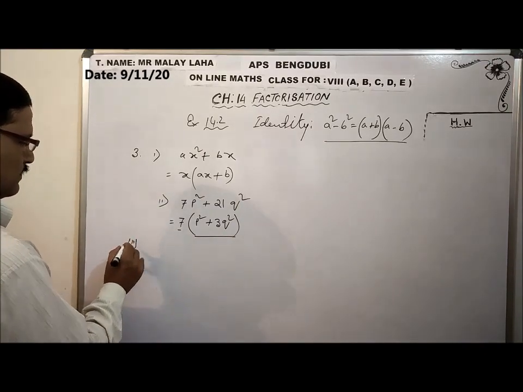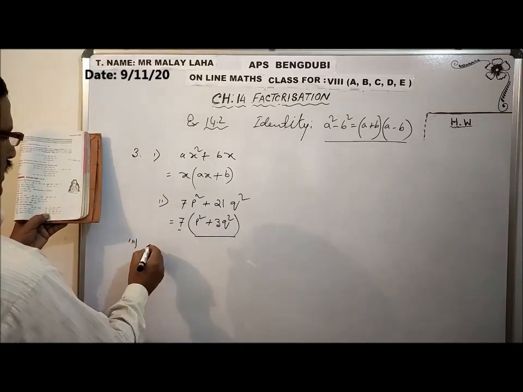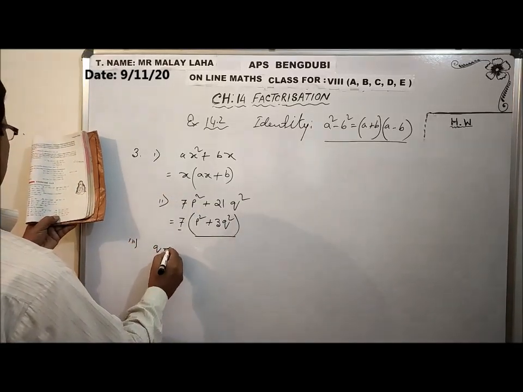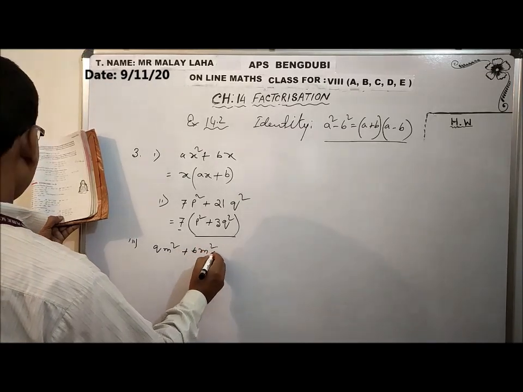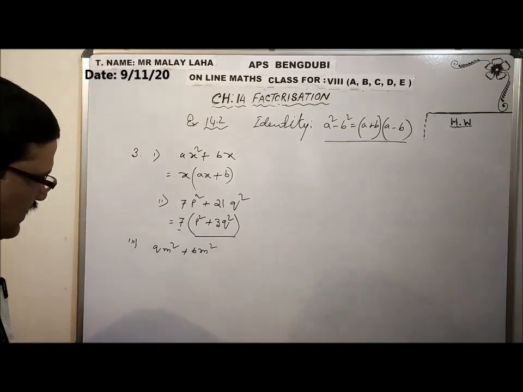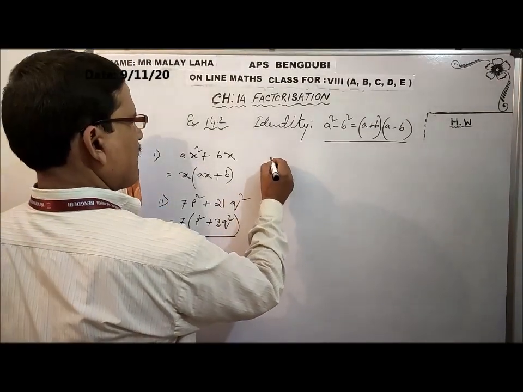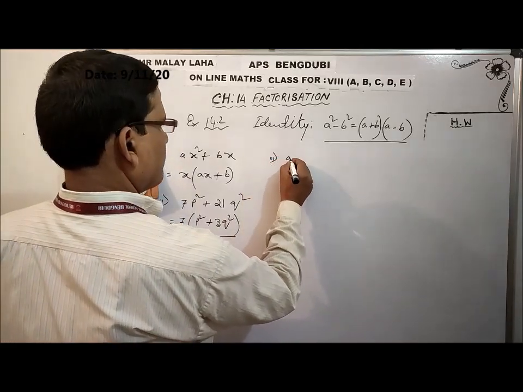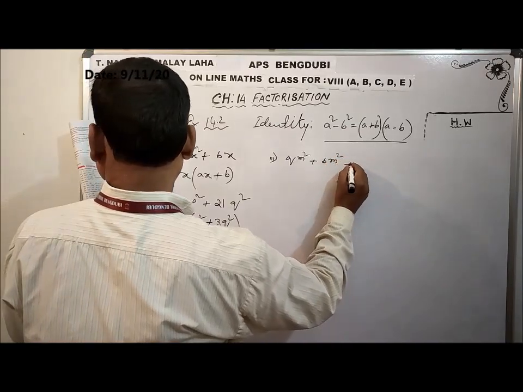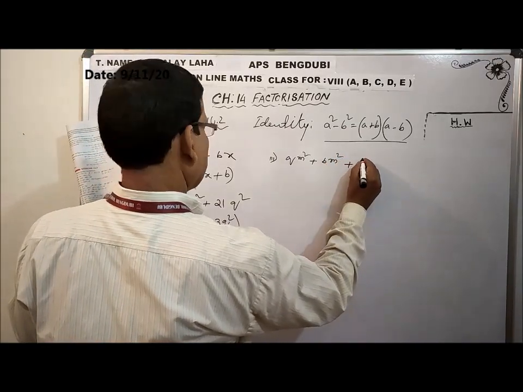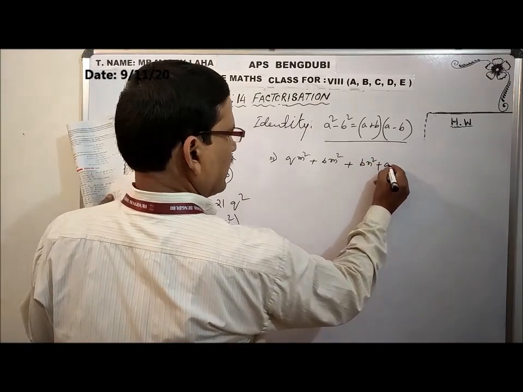Number 3 is what? Better that I write here. Here it is 4 terms. Number 3, am square plus bm square plus bn square plus an square.